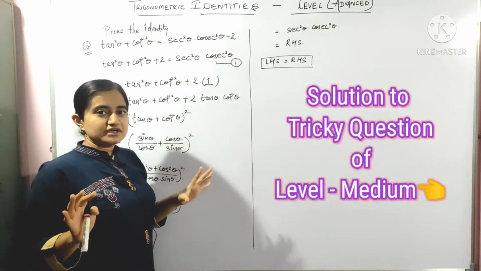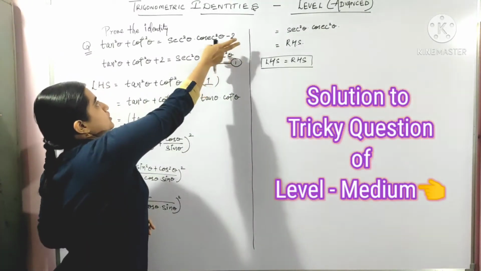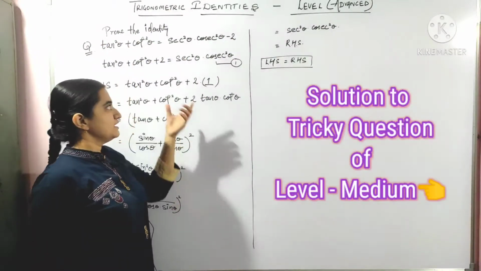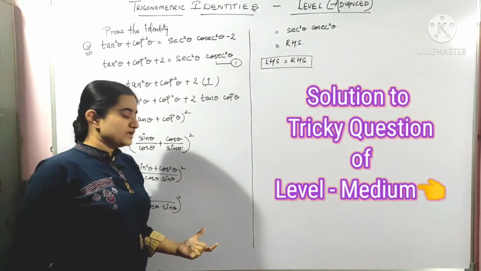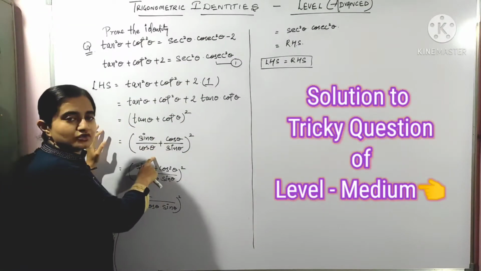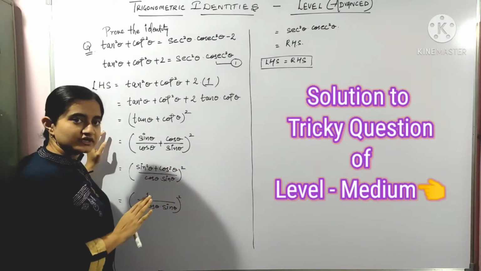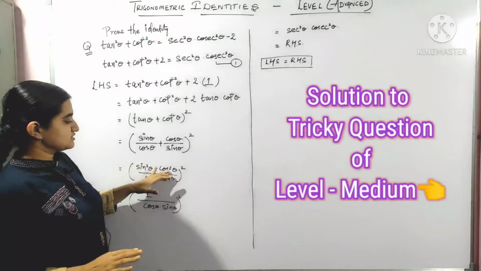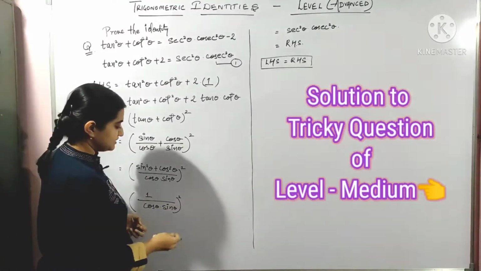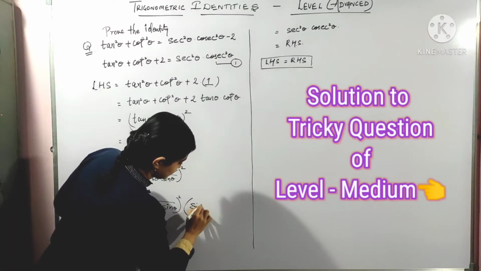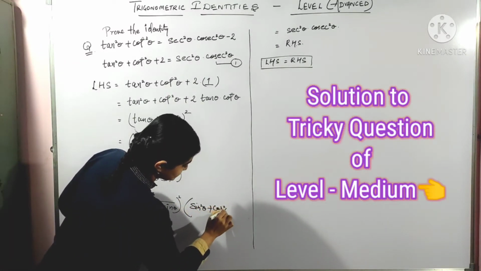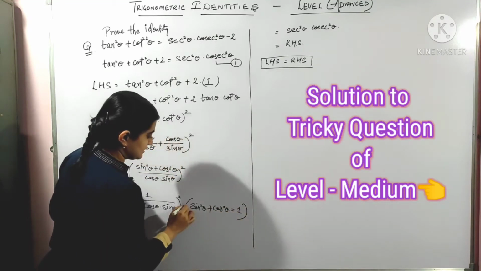So the main trick in this question was to bring this 2 to the right hand side and then solve it. Okay, now sine theta upon cos theta, and this one is cos upon sine. Now we will do the calculation part. Then sine square plus cos square is 1 because it is the identity. Sine square theta plus cos square theta is equal to 1.